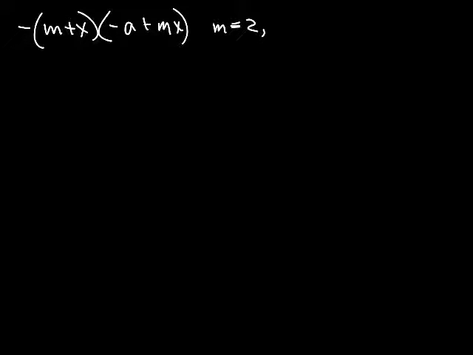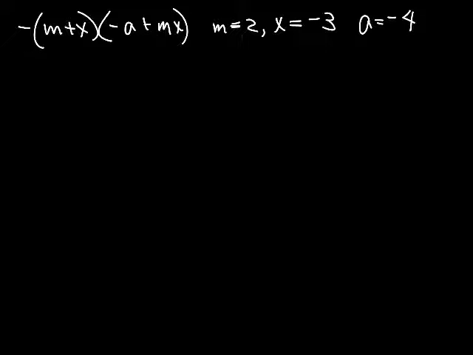Let's go ahead and do 14.7. Negative m plus x times negative a plus mx. M is 2, x is negative 3, a is negative 4.